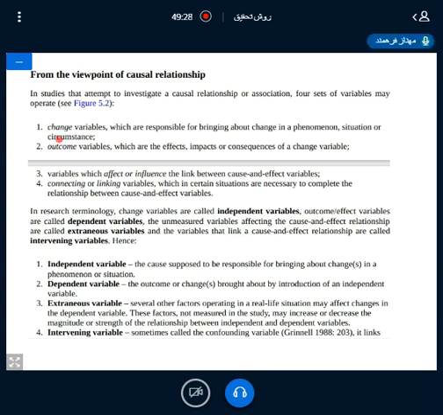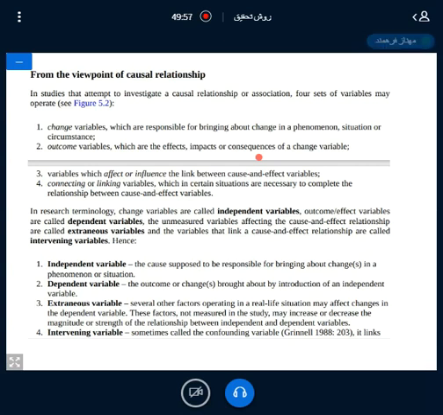Okay, so we have 2 kinds of variables here: change variables and outcome variables. Change variables, which are responsible for bringing about change in a phenomenon, situation, or circumstance. 2. Outcome variables, which are the effects, impacts, or consequences of a change variable.